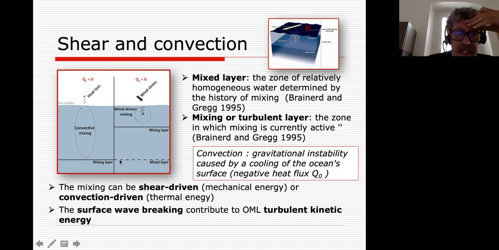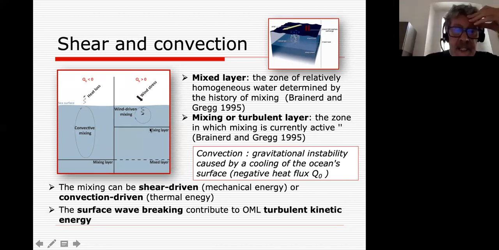The mixed layer is limited by, for example, a thermocline or pycnocline, but this means that in the past, some process acted here in order to guarantee the homogenization of the variables.